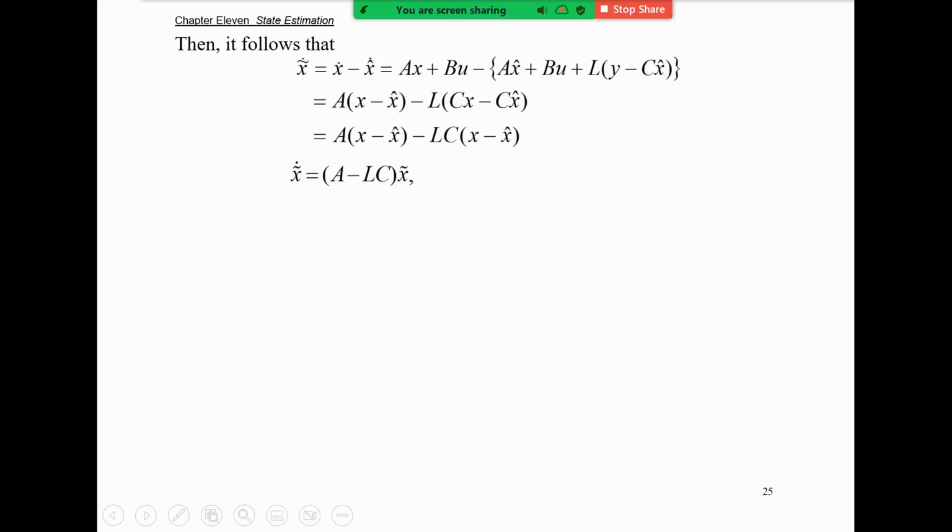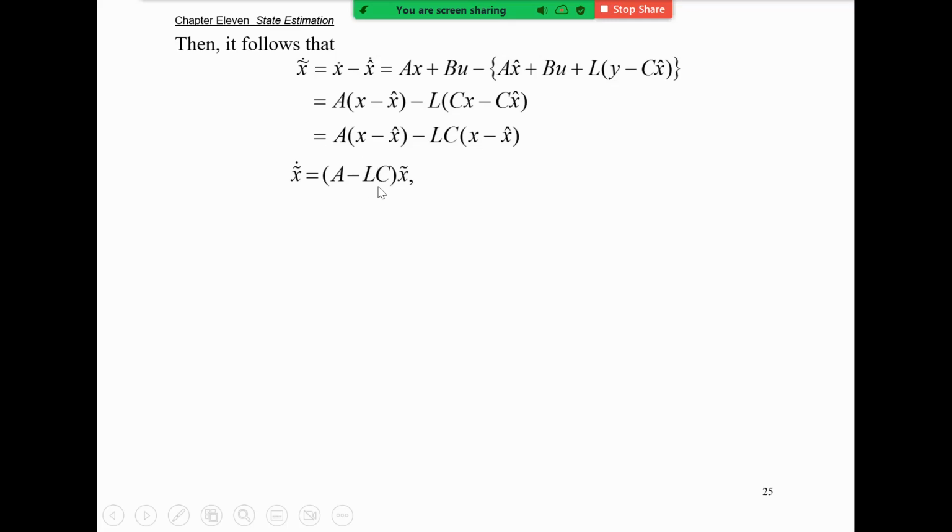Okay. Now, without the feedback, the original estimation error equation is just x tilde dot equals A times x tilde, right? Without the feedback, we know it doesn't work when A is unstable. But here we say, okay, we have some help.